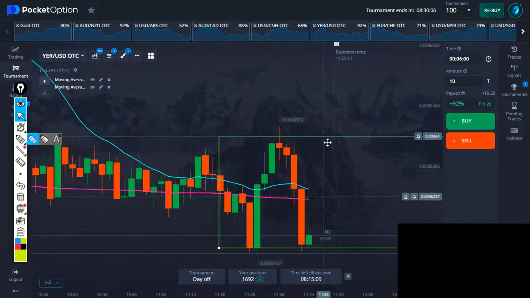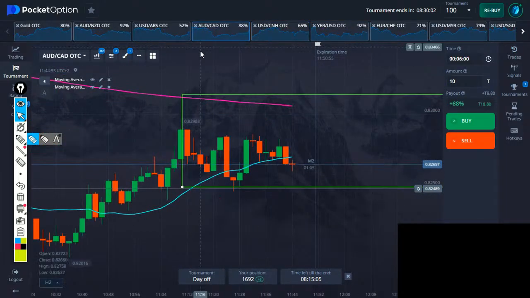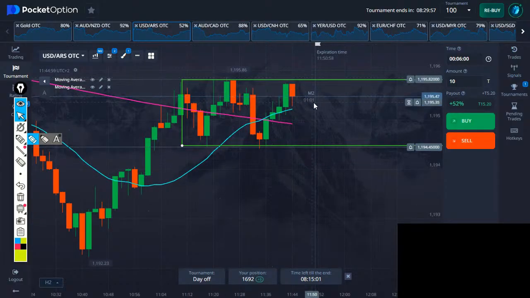Let's wait. We have 3 to 4 potential trades. 4 actually.